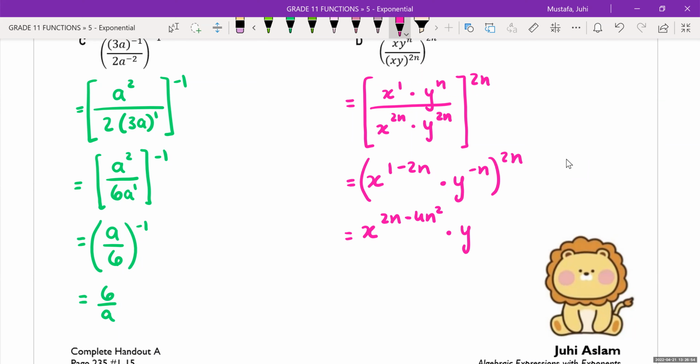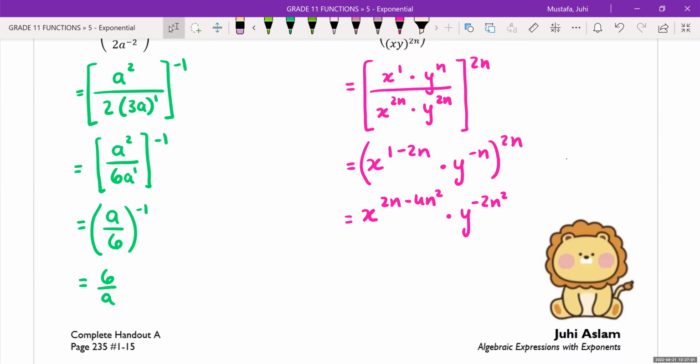Negative n times 2n is negative 2n squared. Are we allowed to have a negative exponent? We can't. So I actually want to rewrite this to become a positive exponent. All that means it's going to be 1 over y 2n squared. So when you rewrite it, it's actually going to be x to the power of 2n minus 4n squared all over y to the power of 2n squared.